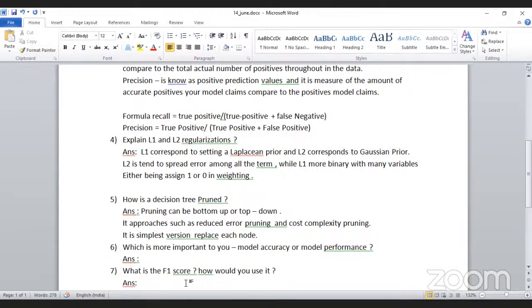Yes, model accuracy is a subset of model performance. We can't say it is inversely proportional. It depends on the data, what kind of data you provide to train your model. Okay, it depends on that also. It does not always depend on accuracy and performance.